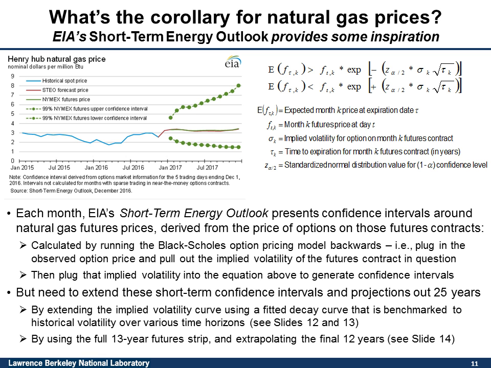And that so-called implied volatility is then plugged into the confidence interval equation shown in the upper right of this slide, and the result is a set of confidence intervals that look like those shown in the graph in the upper left. As you can see, these confidence intervals start out narrow around the central gas price projection, but then widen over time.